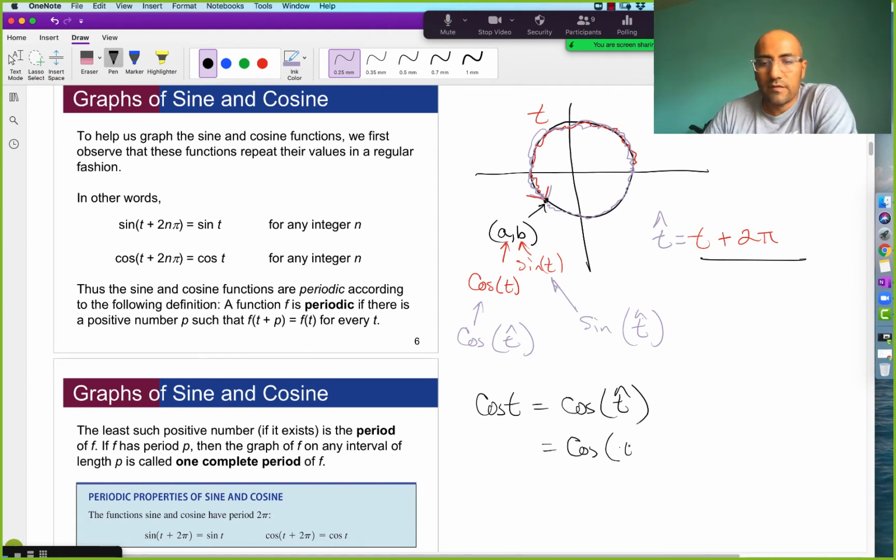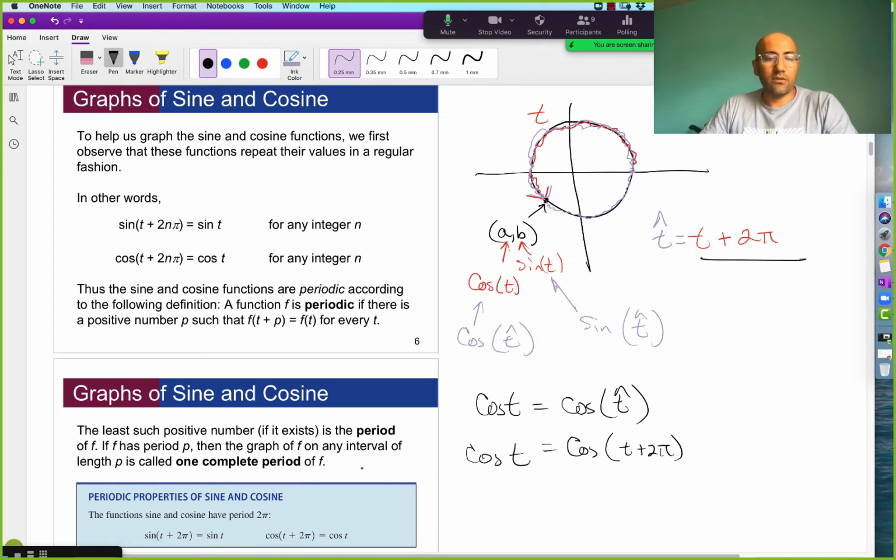Cosine of t plus 2 pi is equal to cosine of t. And that's true whether I do one lap or another lap, so make it 4 pi, so add 4 pi or add 6 pi, right? I can add extra laps and I end up at the same terminal point no matter what.